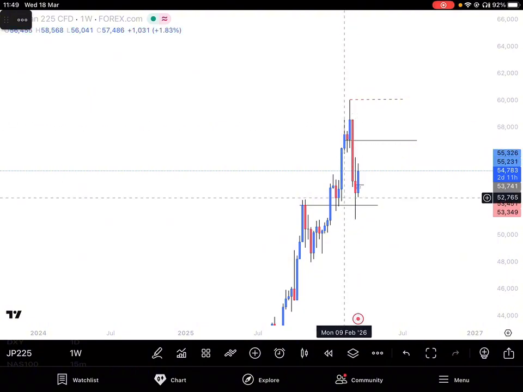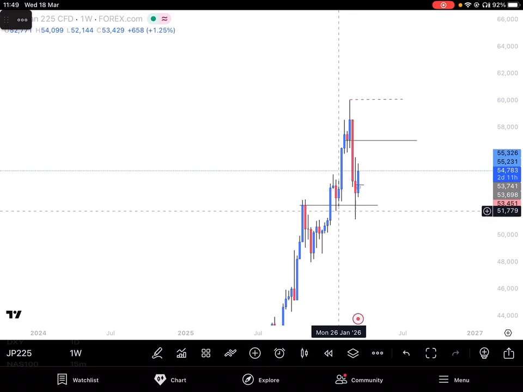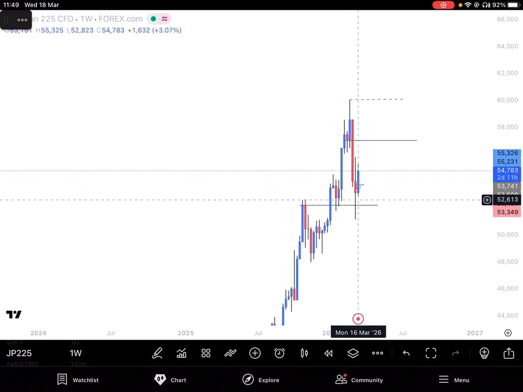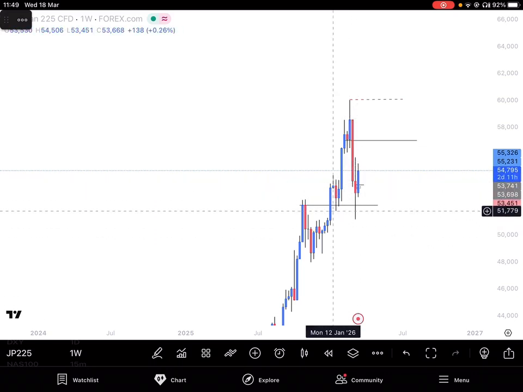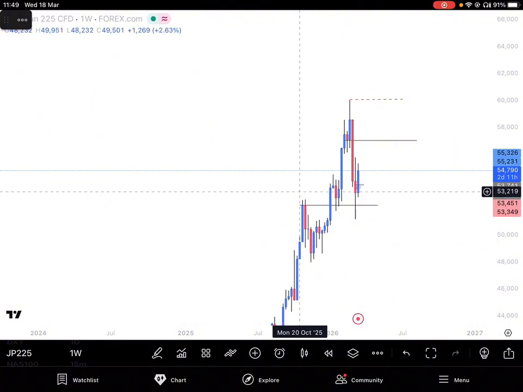You can see the way price cleared them out. When we talk about liquidity, it is like a magnetic force that draws markets in a particular direction.